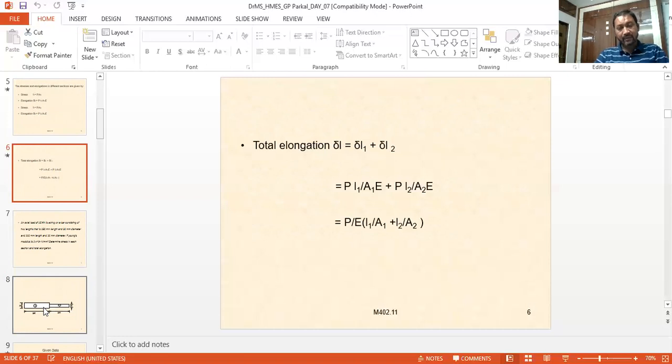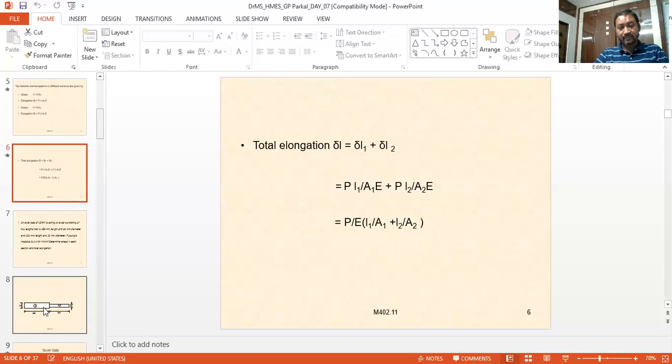And here is a very important thing: sometimes the section is subjected to a tensile force or pull force, and sometimes the section is subjected to a push type force or compressive force.